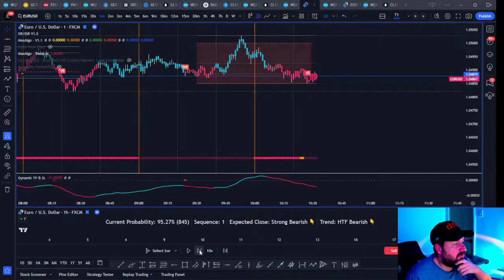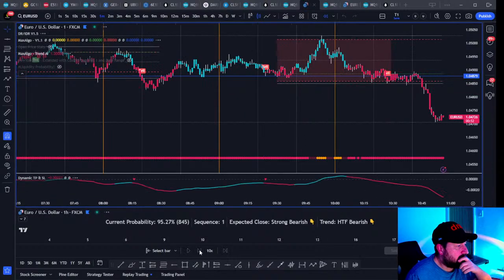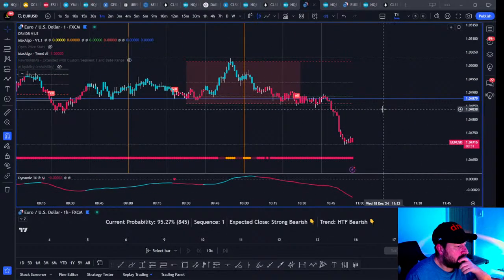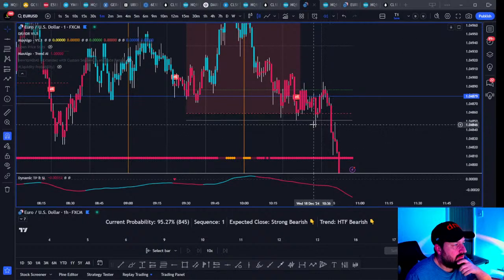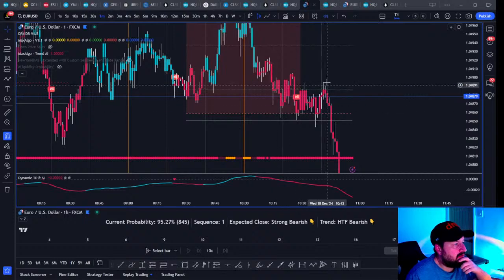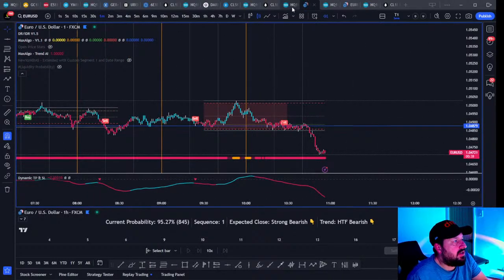Sell signal. Bang. You'd have had an early confirmation if you trade DR as well, a wick, tap back to the open. Could have been a great trade if you're in on that. Nice confluences for that trade.